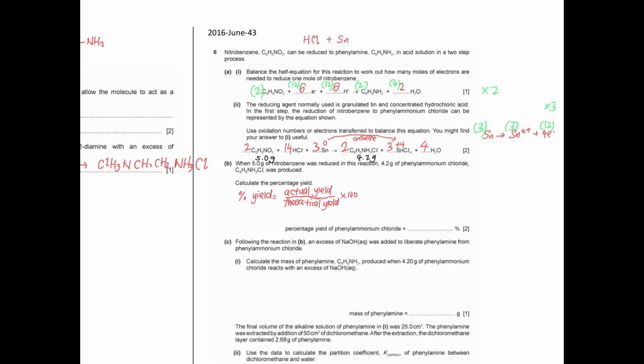Okay, so what I am going to say is both will be fine. It's up to you, gram or mole. So let's say I use mole. If I use mole, I'm going to change the 5 gram to mole, and I'm going to change the 4.2 to mole as well.